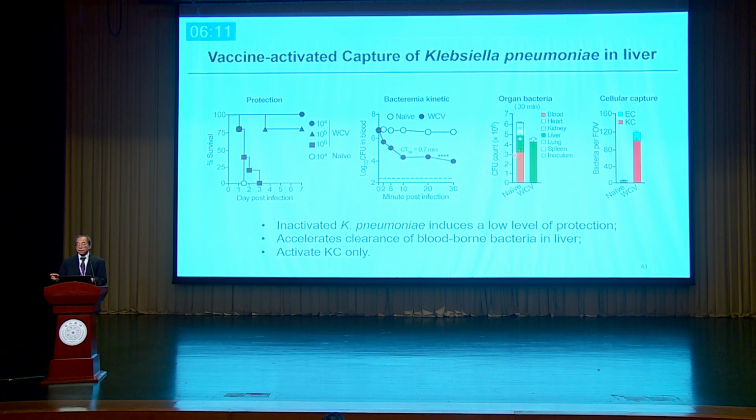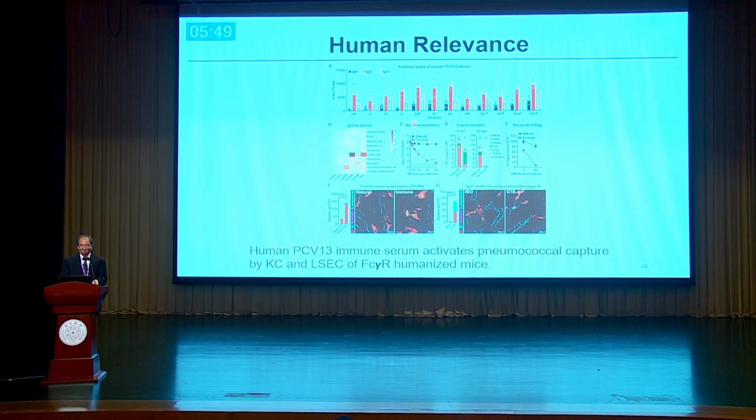However, I think for many drug-resistant bacteria, like Klebsiella and E. coli and other encapsulated bacteria, a capsule-based conjugate vaccine will be one option to prevent the infection. Okay, so is this relevant to humans?